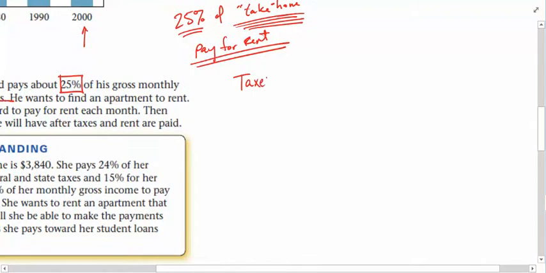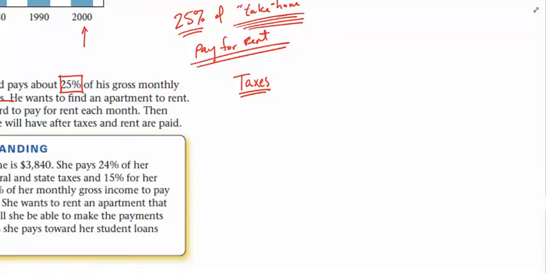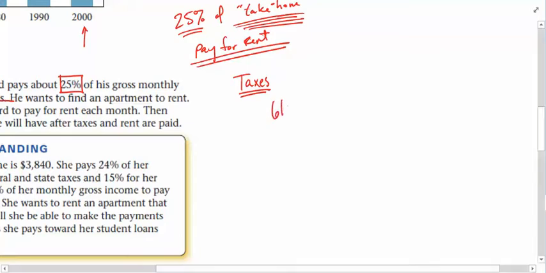Now I'm doing my work off to the side of my screen here. You may want a scrap sheet of paper now because I know the printout is a bit tight. For taxes, Alex makes $61,992 per year and spends or loses, depending on how you look at this, 25% of his income goes straight to taxes.